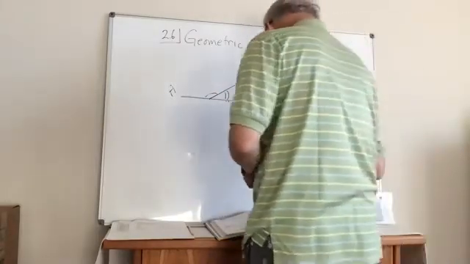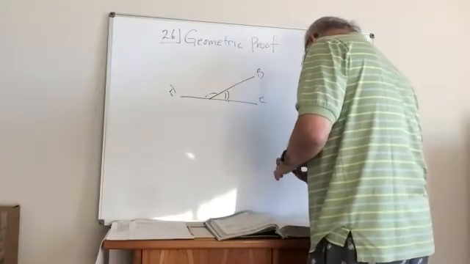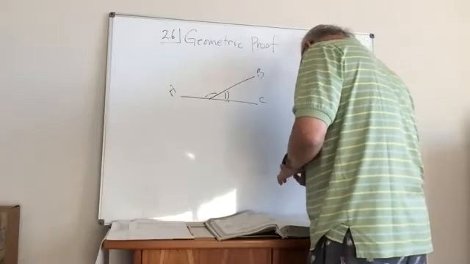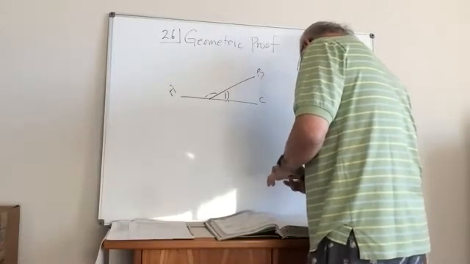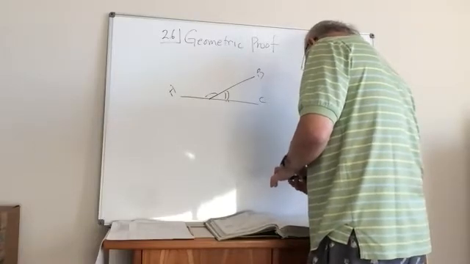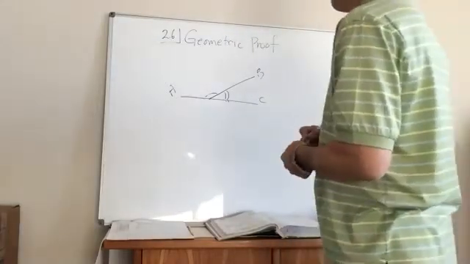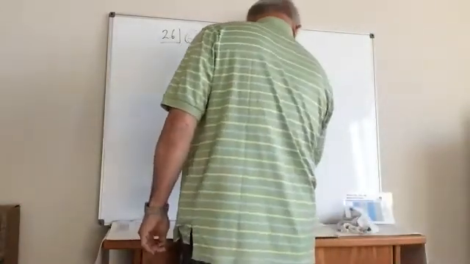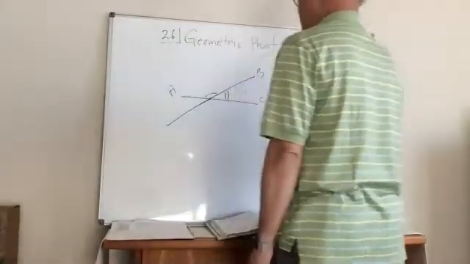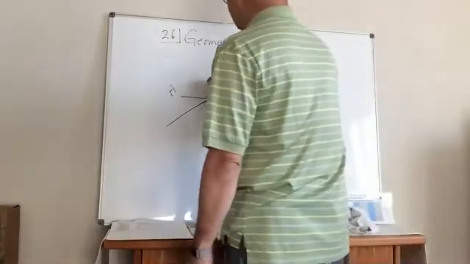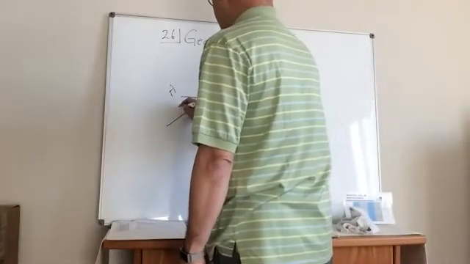Which makes sense. And on top of page 111, there's another theorem, the congruent supplements theorem. If two angles are supplementary to the same angle, or to two congruent angles, then the two angles are congruent. So if I had angles like this, and I said this is angle number 1, this is angle number 2, and this is angle number 3.